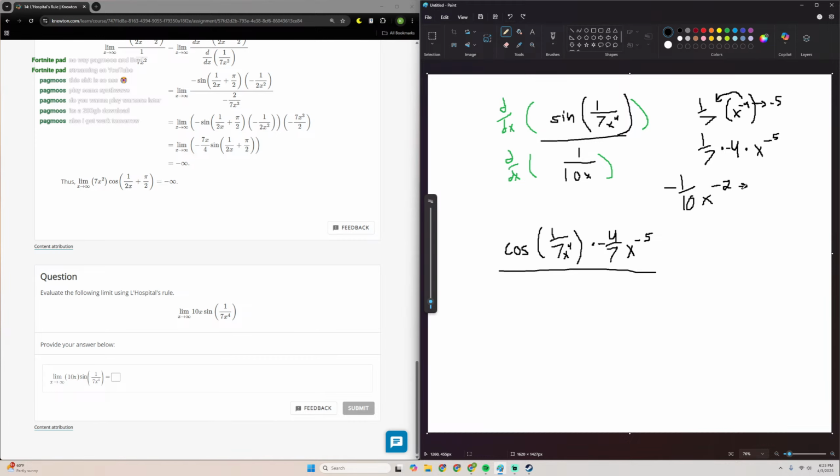It should just become negative 1 over 10x squared. Cosine, whatever that.